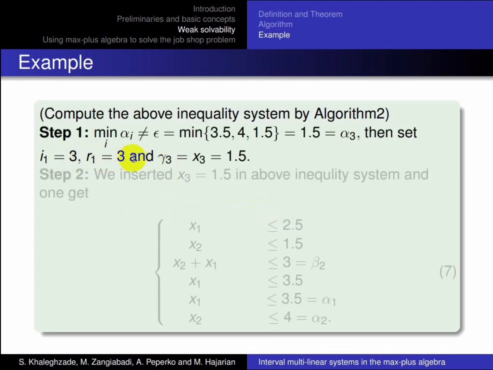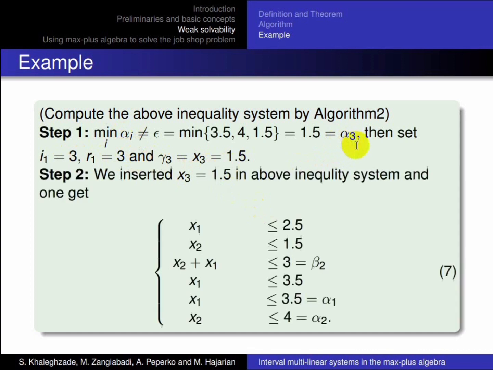In step 1, we compute the minimum of alpha I, which equals alpha 3, and set it in the inequality system. So we have this inequality system of 7.